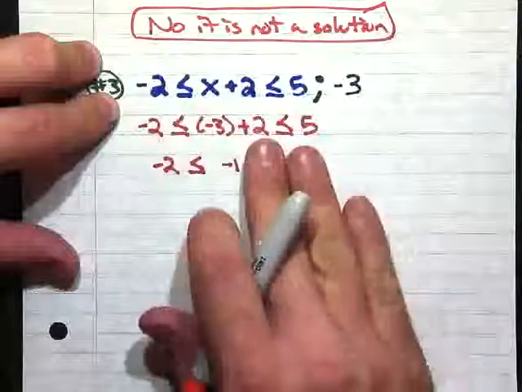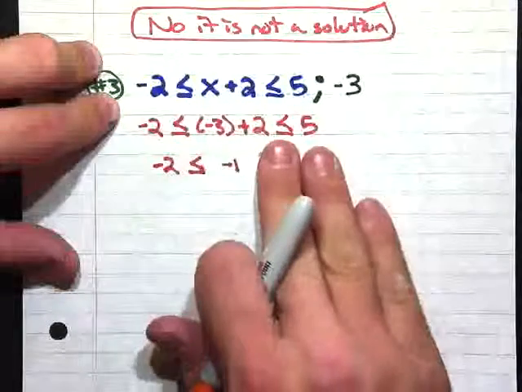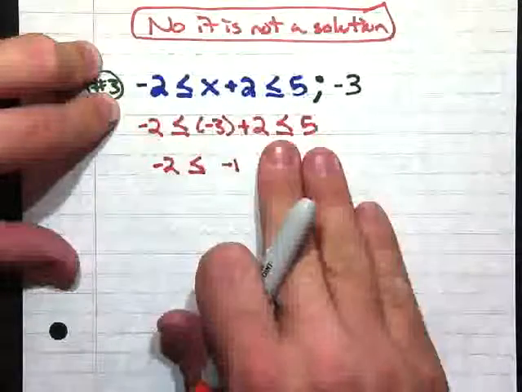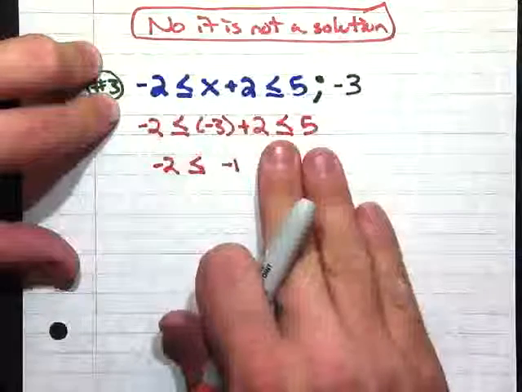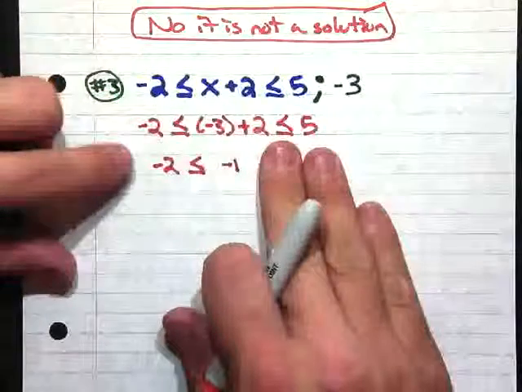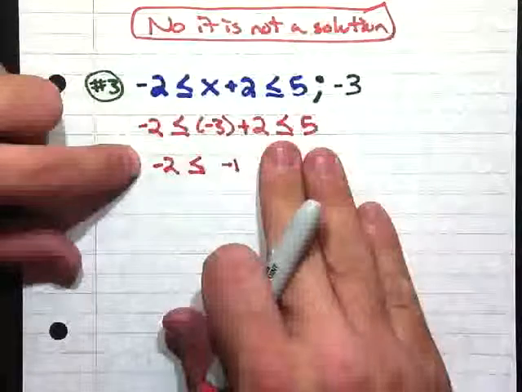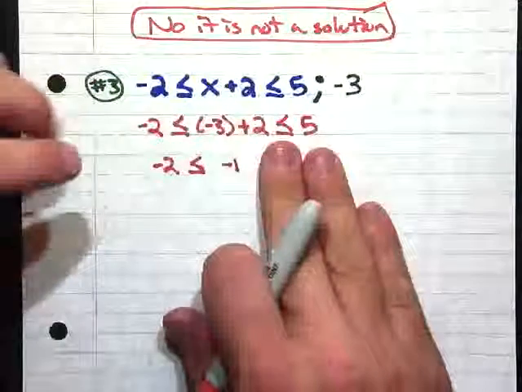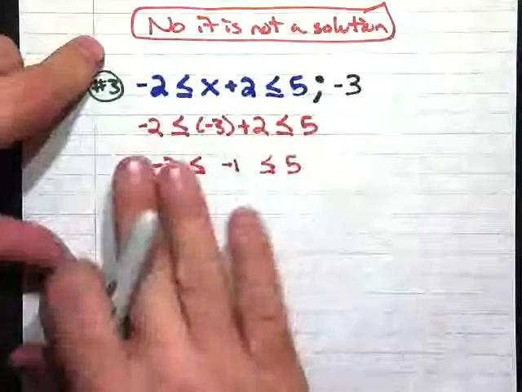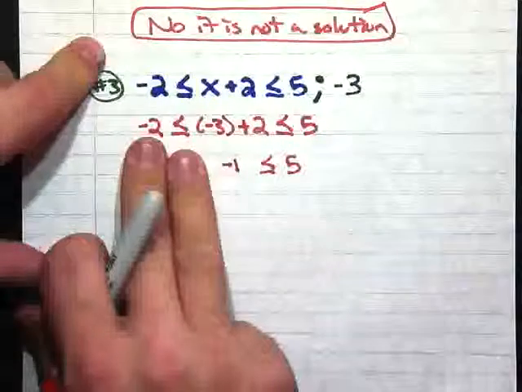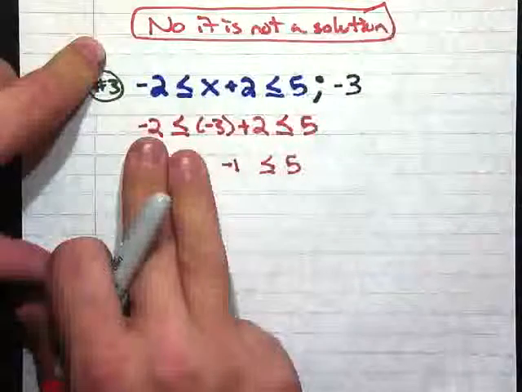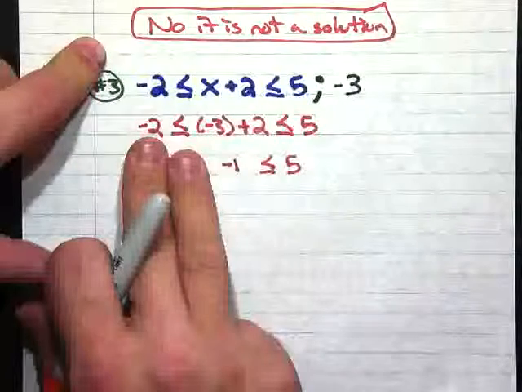Looking at the first part, negative 2 is less than or equal to negative 1. We want to see if this statement is true first. And yes, it is, because negative 2 is less than negative 1. Then we look at the right side. So is negative 1 less than or equal to 5?